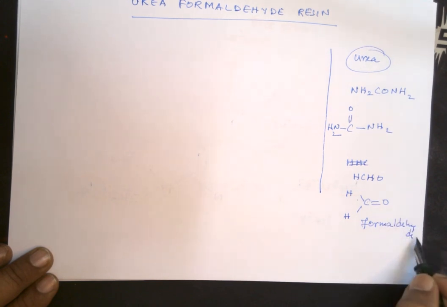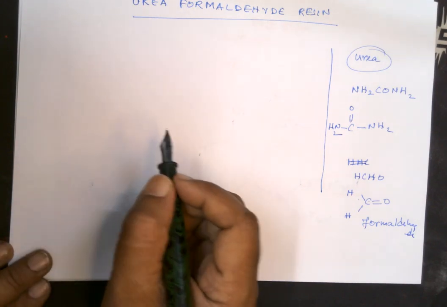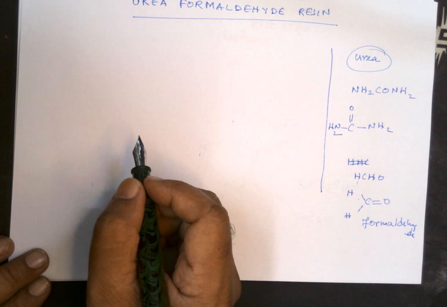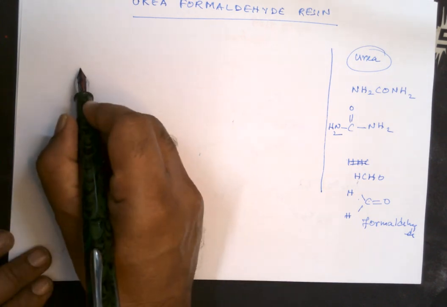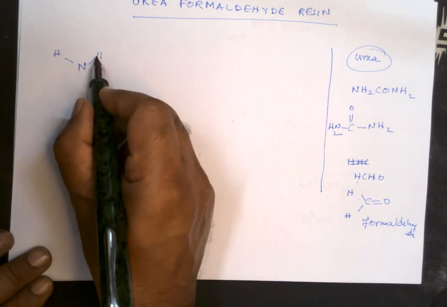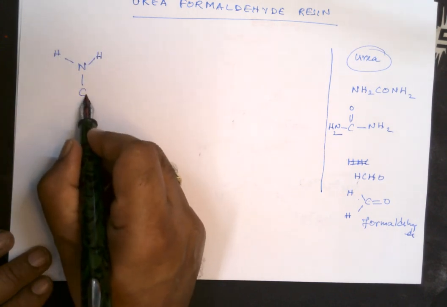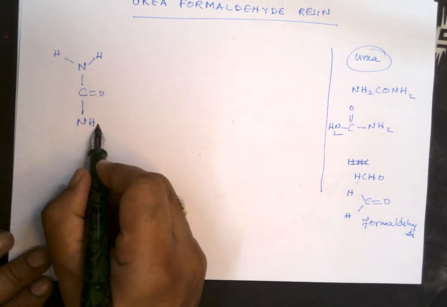By combining these two, we can have urea formaldehyde, and that takes place in the presence of acid. So here let us consider the urea, NH2 C double bond O, and you can simply write NH2.